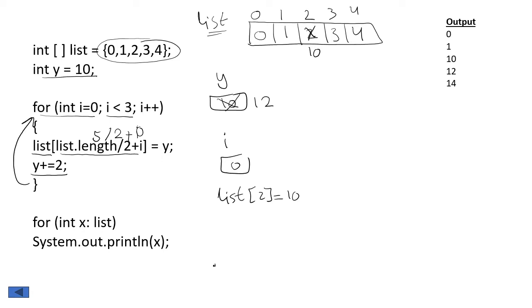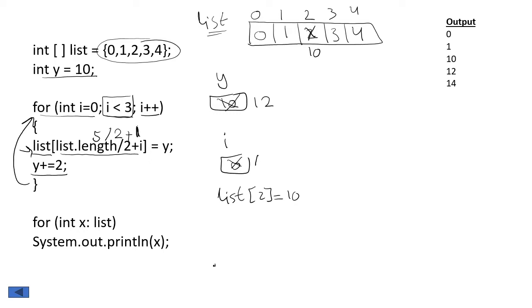Go back to your loop and increment i, because I have i++. The value of i will be 1. Are we still within the range? 1 less than 3? True, so I go inside my loop. The formula list.length is still 5 over 2 plus i, but i has changed. It's not 0, the value of i now is 1.